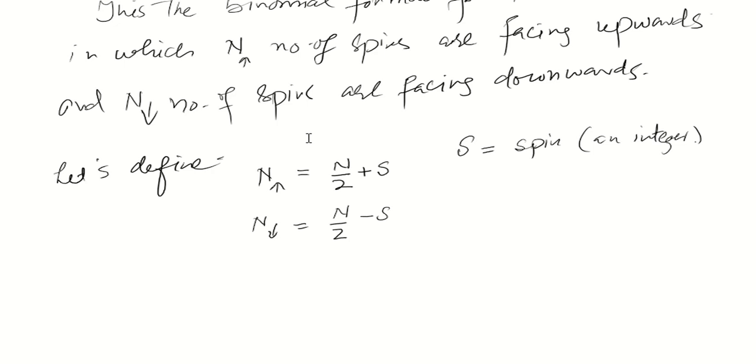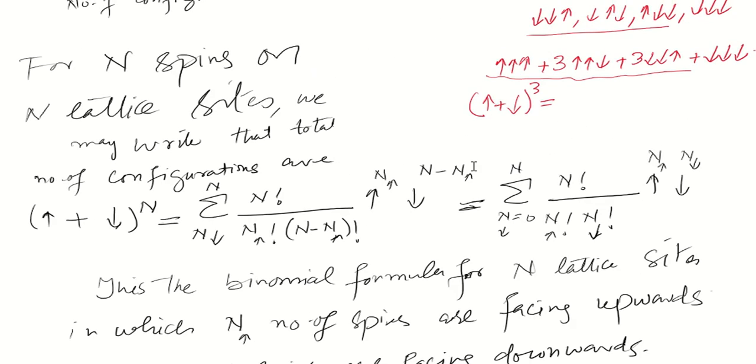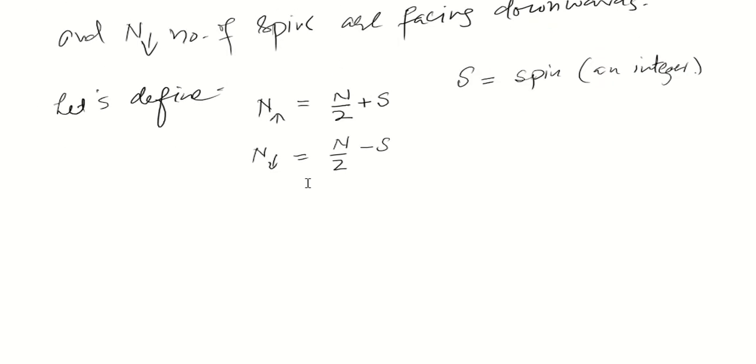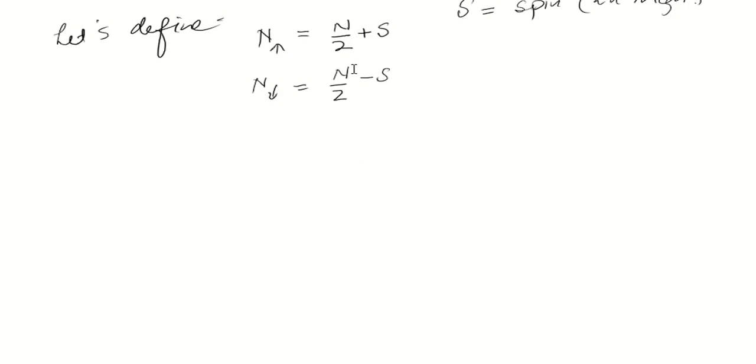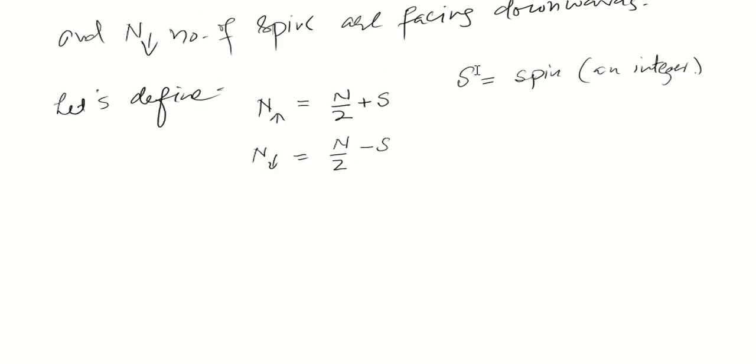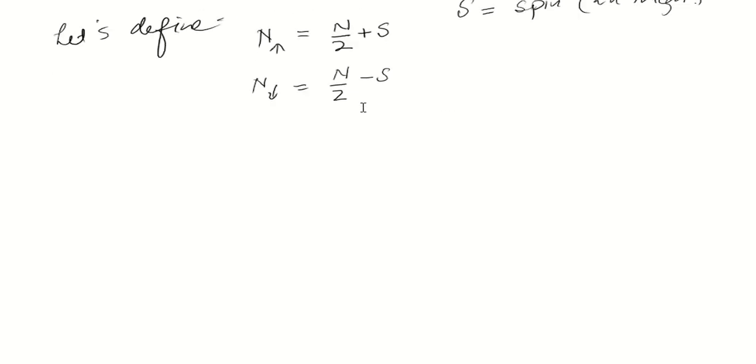And also we number this equation that we wrote for the 2 spins as equation 1, so that we don't get distracted later when we use it. Now we are defining n up and n down, introducing a new constant s, which we call spin.